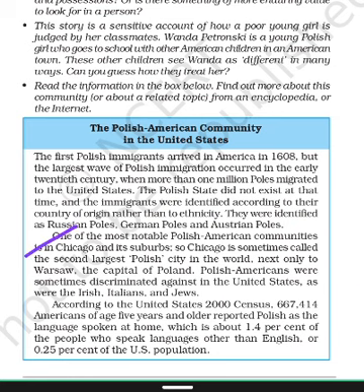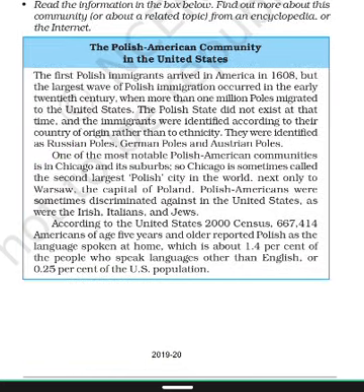One of the most notable Polish American communities is in Chicago and its suburbs. So Chicago is sometimes called the second largest Polish city in the world, next only to Warsaw, the capital of Poland.